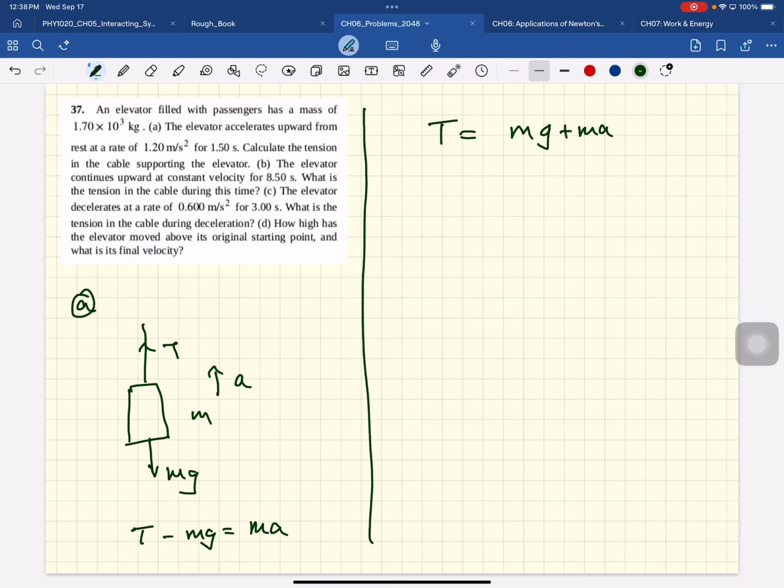And so I will do it like this. mg, a is 1.2 meters per second squared. And I will write it like so.